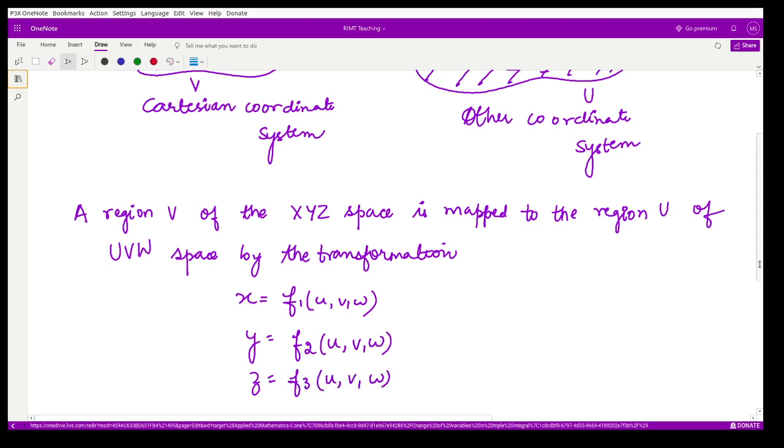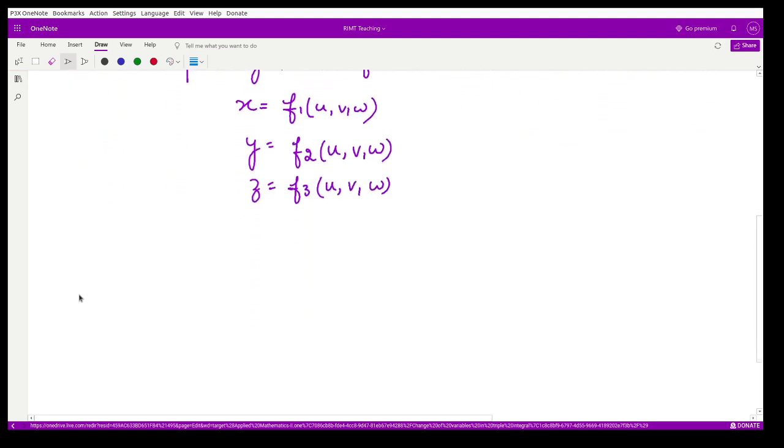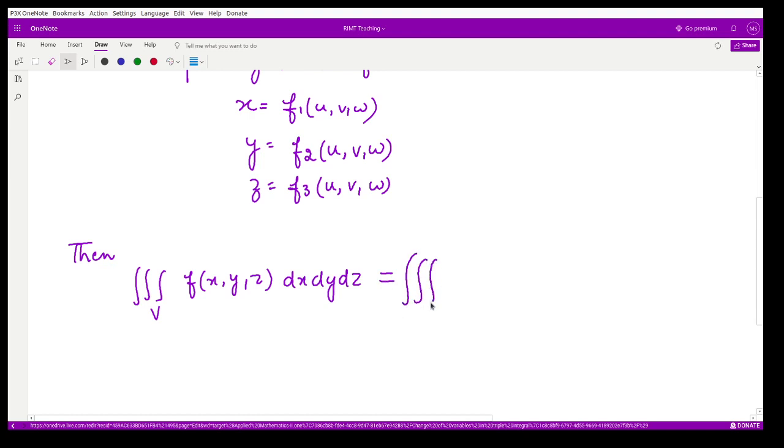In this case, the triple integral of f of x, y, z dx dy dz is converted to another triple integral over the corresponding region.